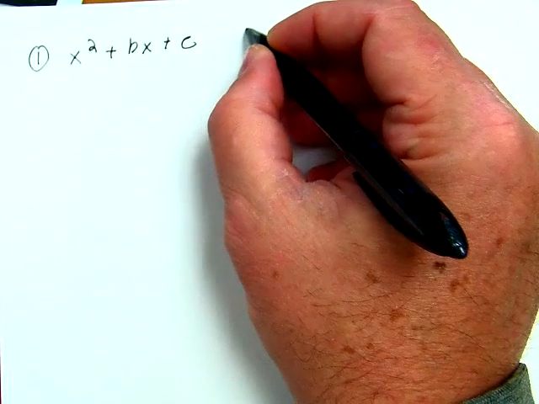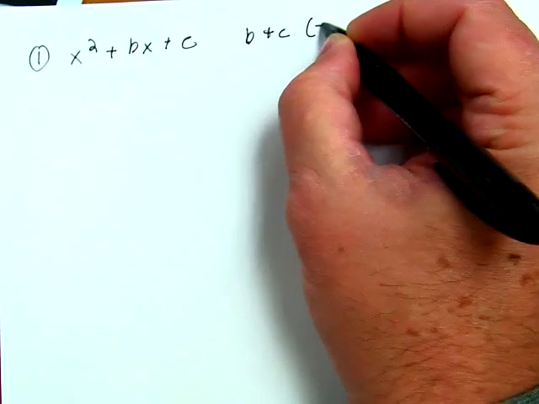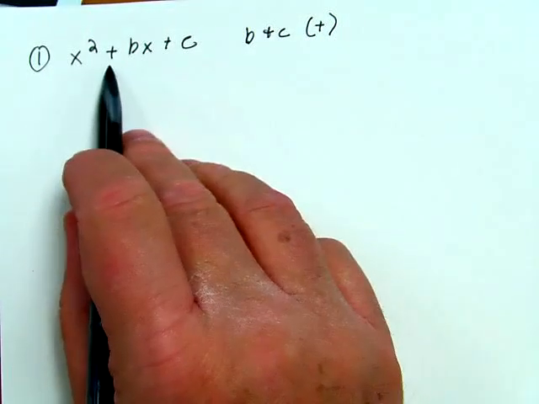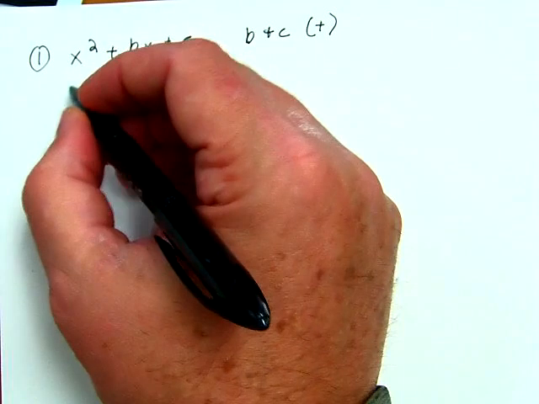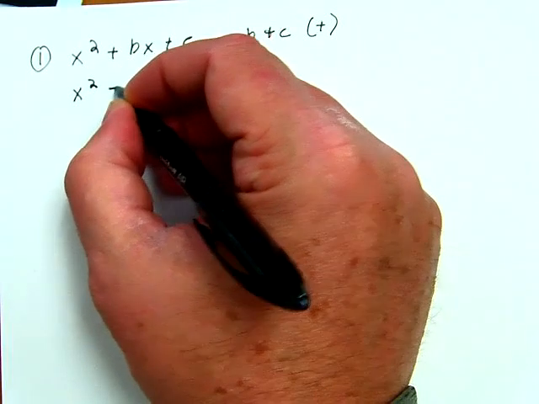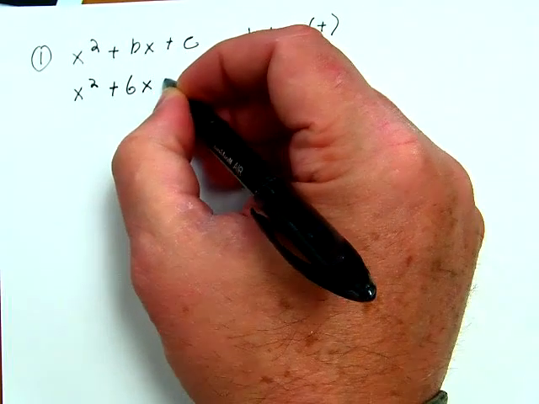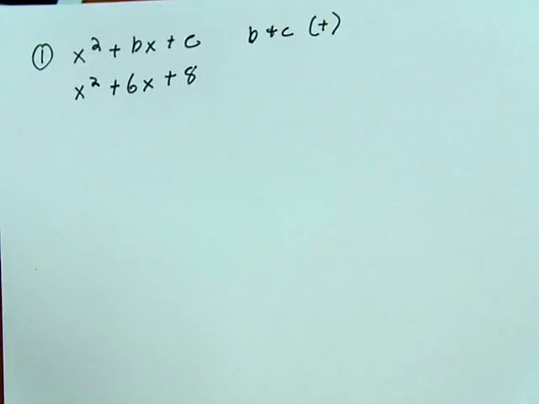And in this case, b and c are both positive. When b is positive and c is positive, how do we factor them? Well, let's just use an example. Example number 1 is this: x squared plus 6x plus 8.